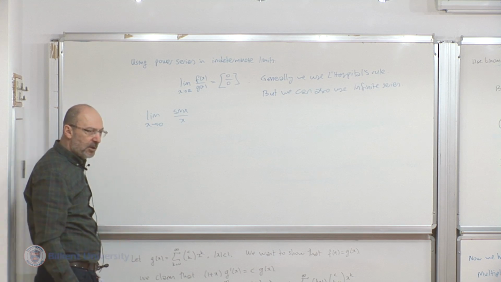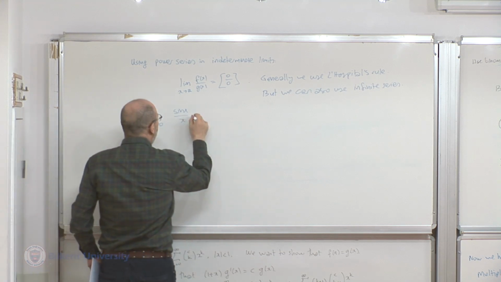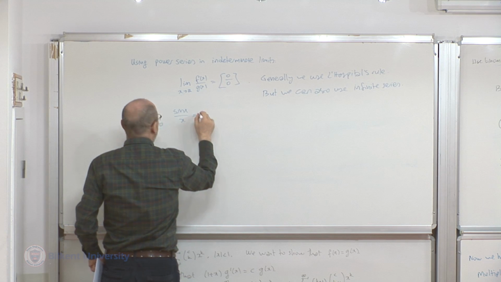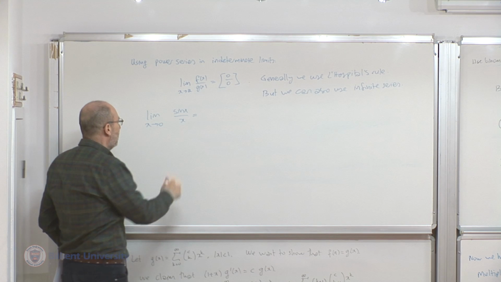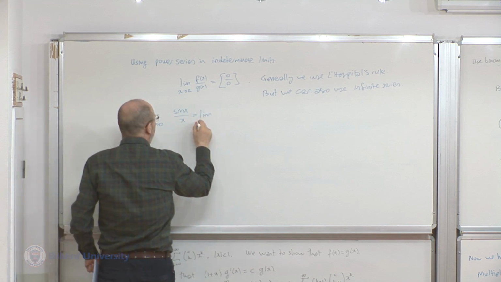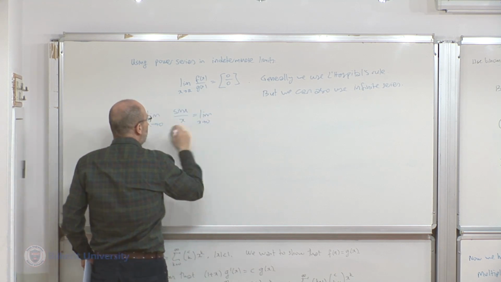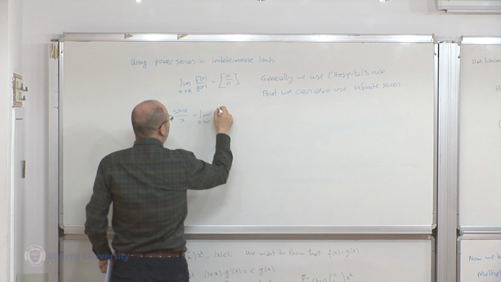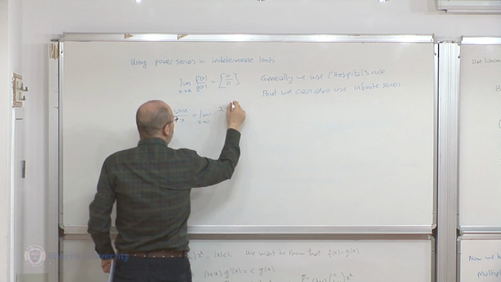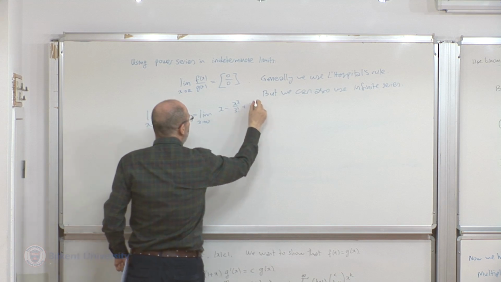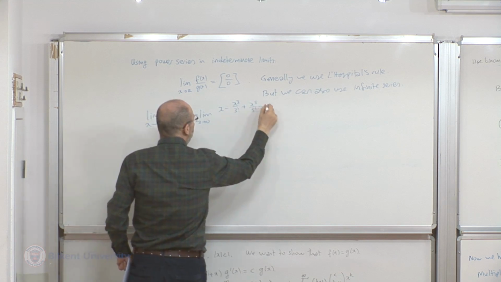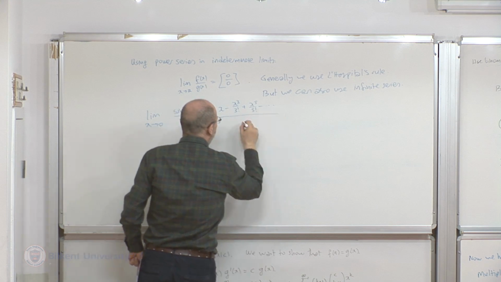We know that this limit is 1, but how do we use infinite sums? If you do this with L'Hopital, again, in one step, you get the result. But we have the limit as x goes to 0. Instead of sine x, I write the Taylor series of this: x minus x cubed over 3 factorial plus x to the 5 over 5 factorial minus something. I divide it by x.